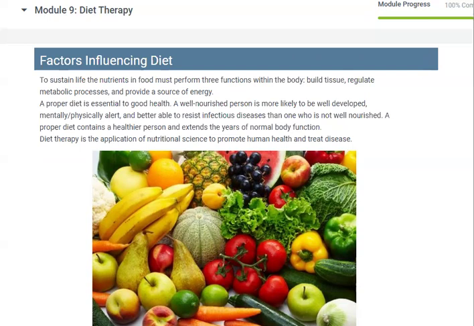A well-nourished person is more likely to be well-developed, mentally and physically alert, and better able to resist infectious diseases than one who is not well-nourished. A proper diet maintains a healthier person and extends the years of normal body function. Diet therapy is the application of nutritional science to promote human health and treat disease.